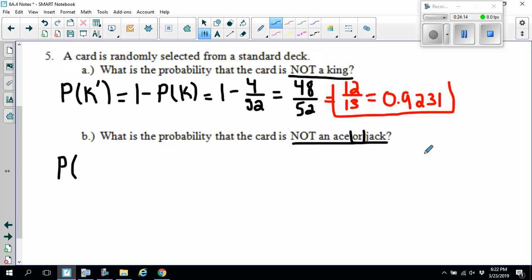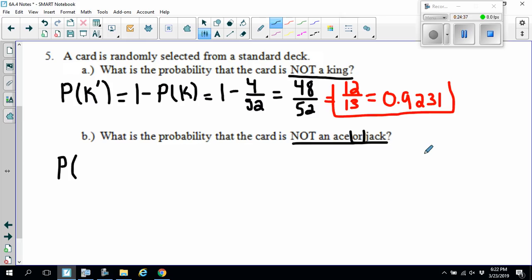Now we do need to think, is this a compound event or is this a disjoint event, meaning they don't have anything in common? Well, can an ace be a jack and vice versa? Well, in this case, no. Aces are a totally different type of cards than jacks. So because they don't have anything in common, this is a disjoint event.